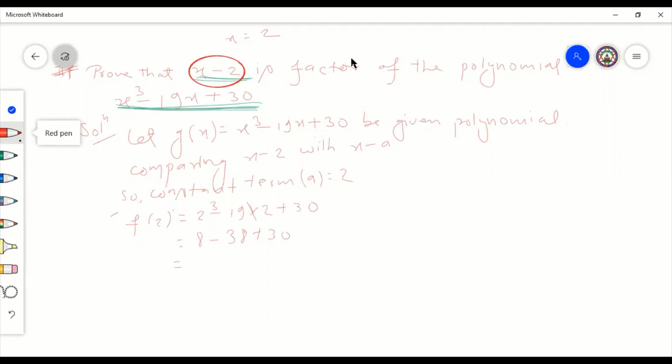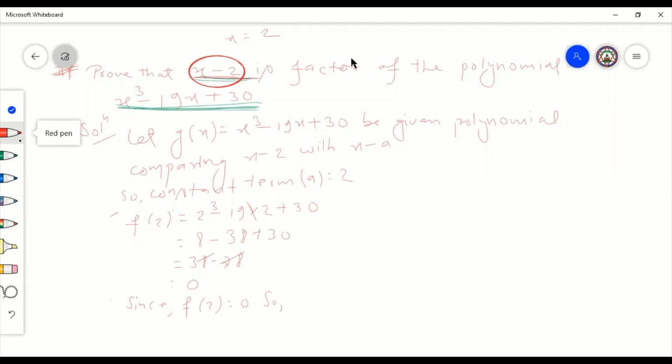38 minus 38. So this one the real and this will cancel out. So we get a value as the 0. So we can write at last here, since remainder, that is the f2 equals to 0. So x minus, what is our divisor here? That is the x minus 2 is the divisor.